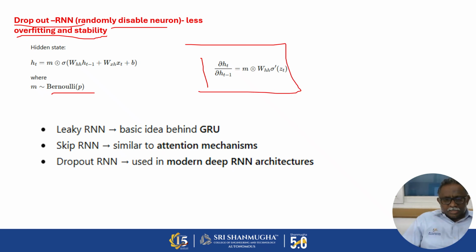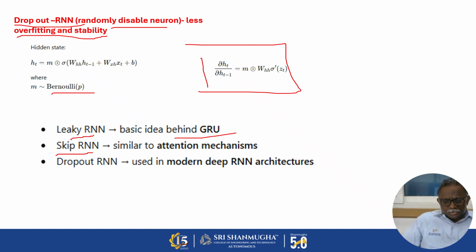So the basic idea behind these three strategies: in Leaky RNN, it decides how much we have to keep, and that can be used in our LSTM architectures. Skip connection doesn't consider all the time steps, and it takes care of the long range dependencies.